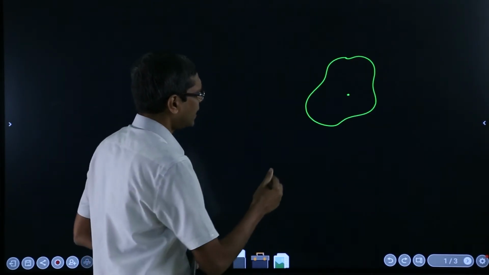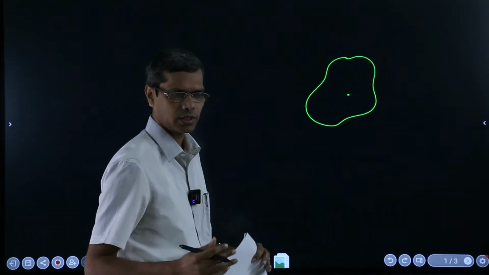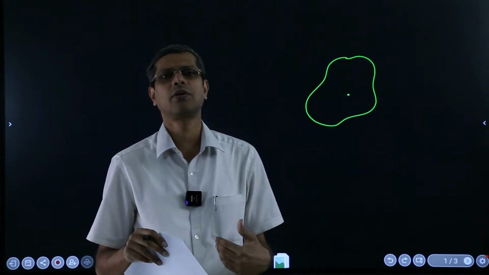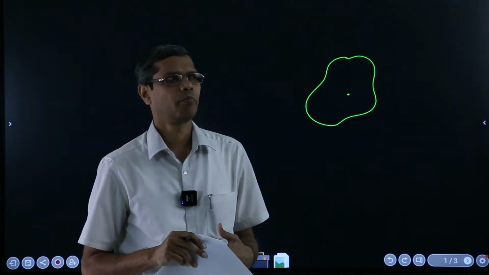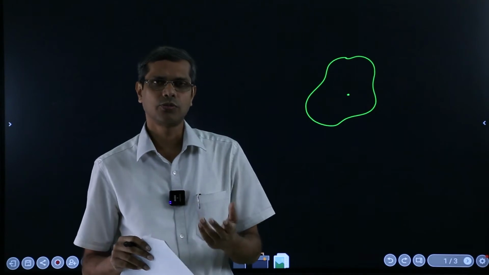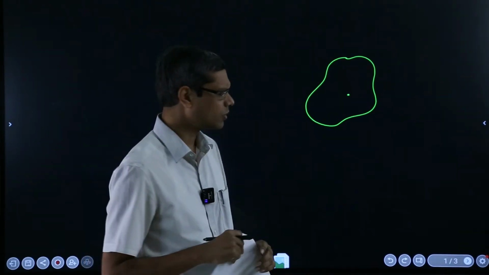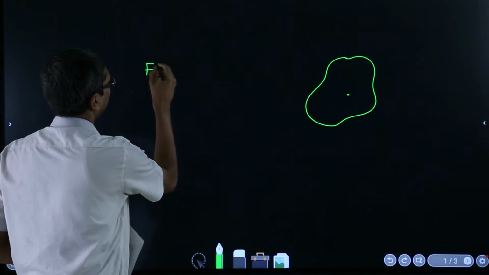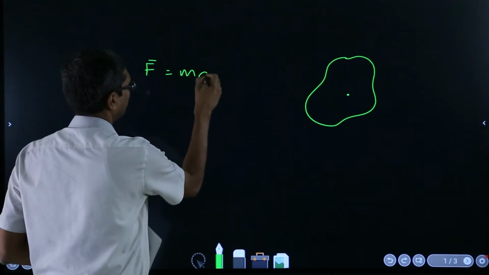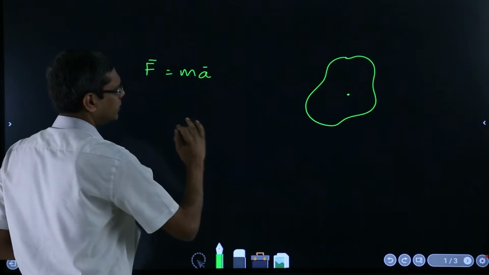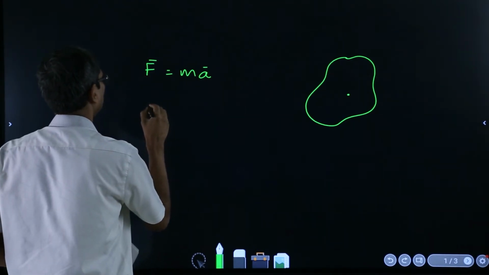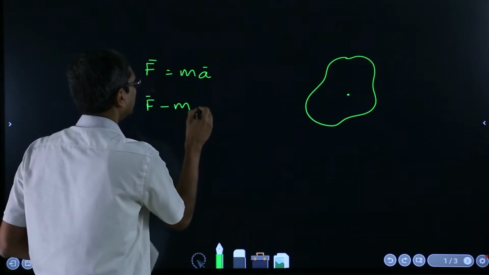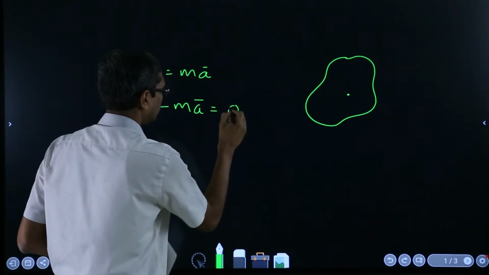And if we can do that, then even if it is in motion, we can write the equation in a way as a balance if we consider the pseudo forces. So F is equal to ma. Instead of that, if we use the pseudo force in place of the actual acceleration, we can write it this way also.